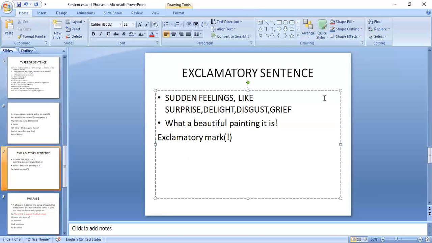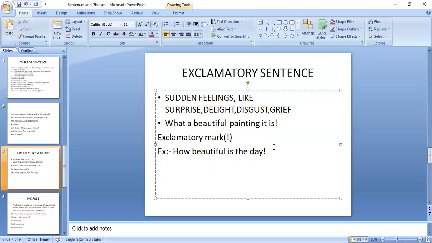So, an exclamatory sentence ends with an exclamatory mark. That is this here. Then I'll give some more examples, like: How beautiful is the day.